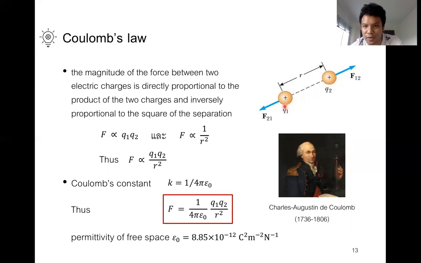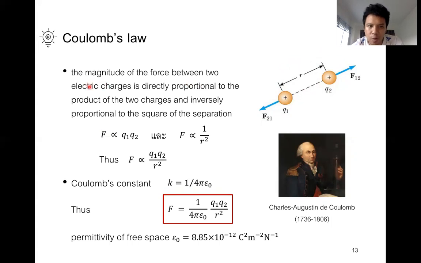two objects with charge. We say that they are Q1 and Q2, and then when we bring Q1 and Q2 to be within the distance R, there will be a force acting on 1 by 2, and there will be a force acting on 2 by 1.